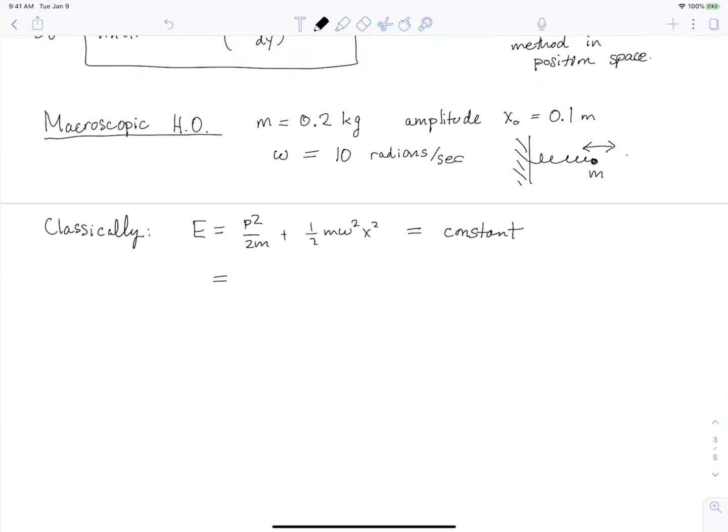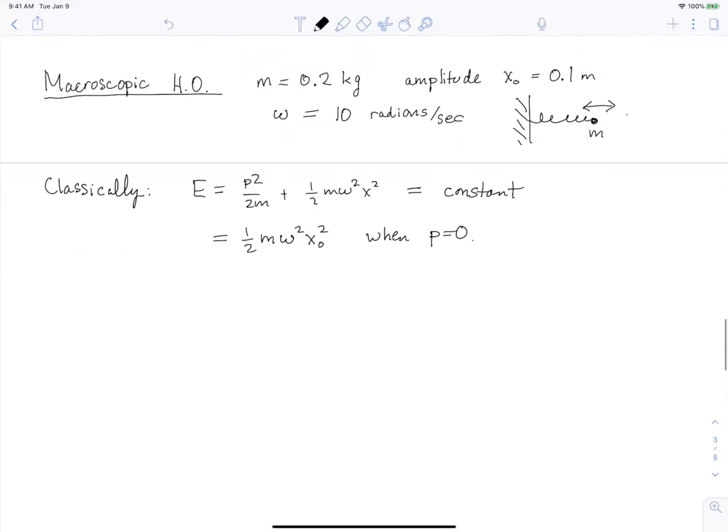This is equal to 1/2 m omega squared times the amplitude squared when p equals 0. So we just plug in the numbers: 1/2 times 1/5 of a kilogram times (10 radians per second) squared times (1/10 of a meter) squared. And that conveniently works out to about 1/10 of a joule.